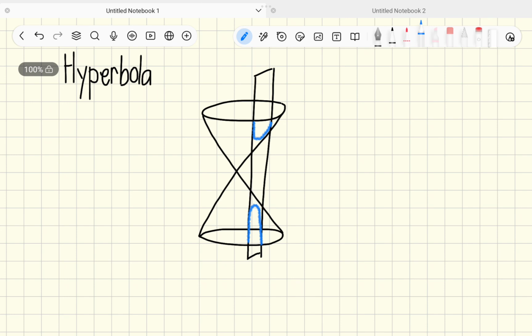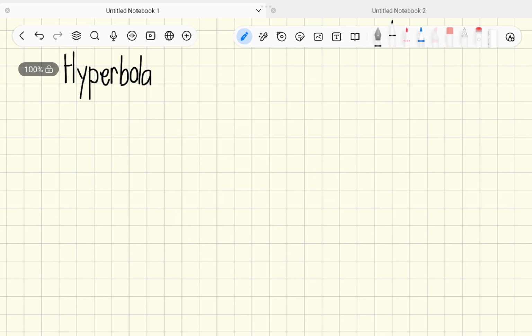So hyperbola is the set of all points in a plane such that the absolute value of the difference of the distances from two fixed points, which you call your foci, is constant. So for example, we have a hyperbola here. This is how your hyperbola looks like.